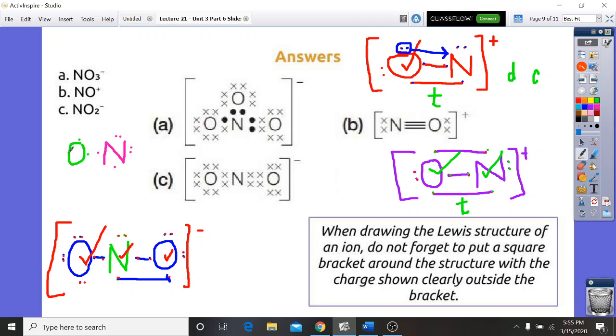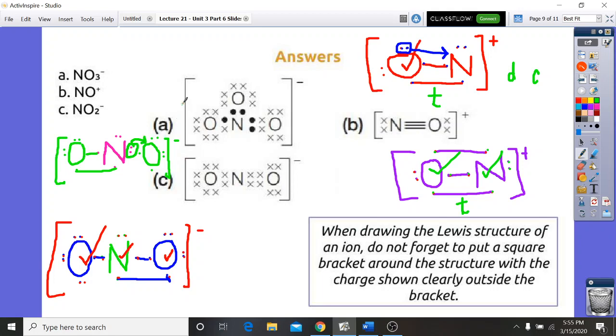So here's oxygen with its normal 6 valence electrons. Here's the other oxygen. And I'm going to put my brackets and the minus because I already added the electron to nitrogen. So I'm going to do 1, 2, and now because I added it to the nitrogen, I'm able to do a coordinate bond.